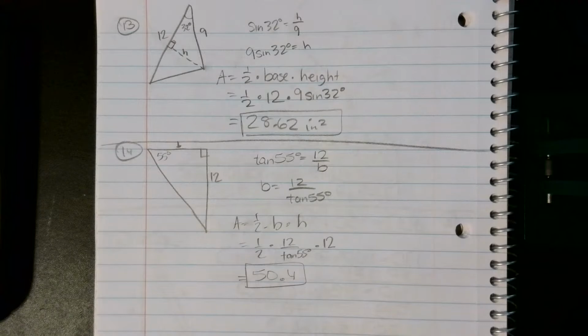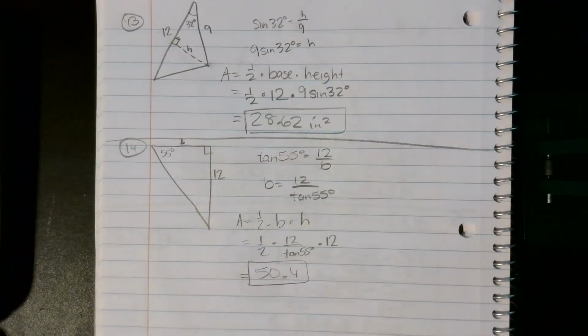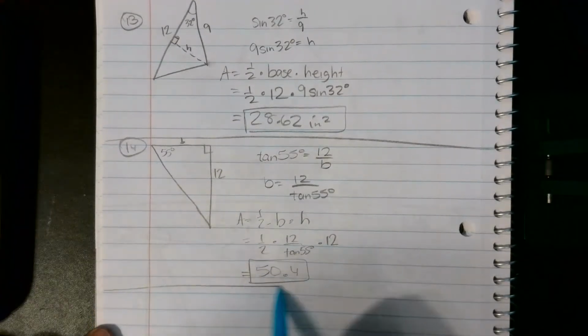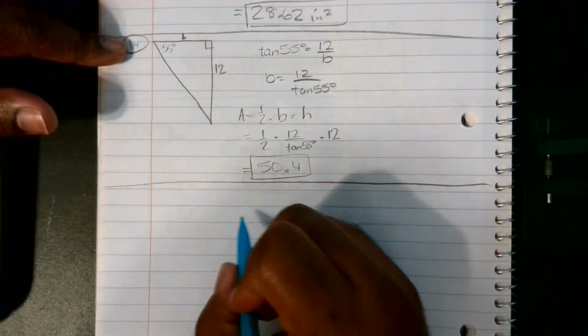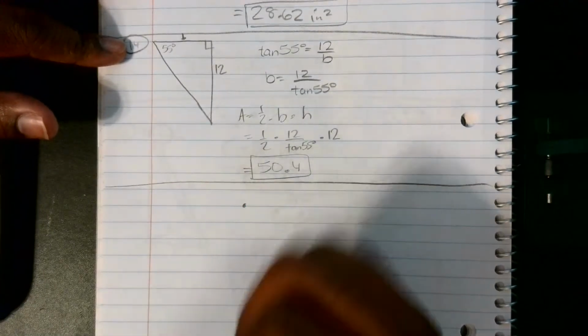Distance from the plane to the ship at point A. This problem is simple, but it has a few steps to it. I'm going to forego the normal drawing.